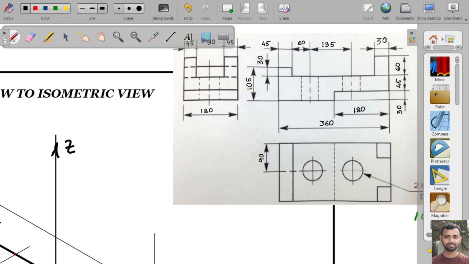I'm changing the dimension over here a little bit, like I'm changing this dimension from 135 to 165.